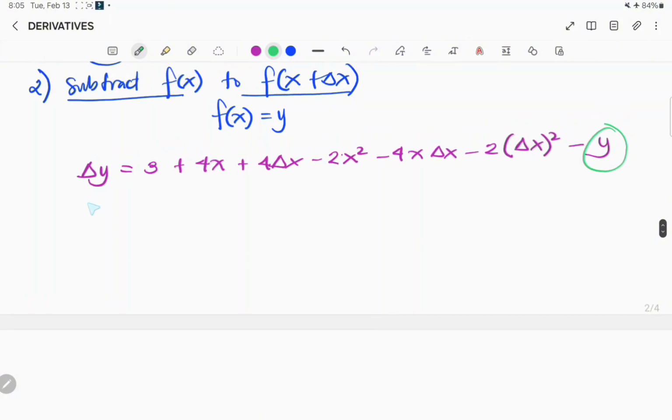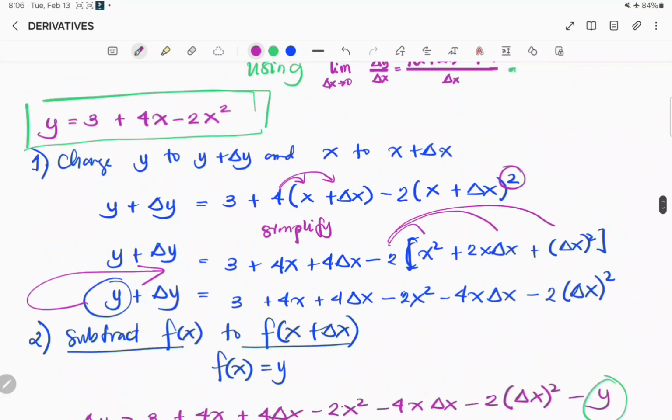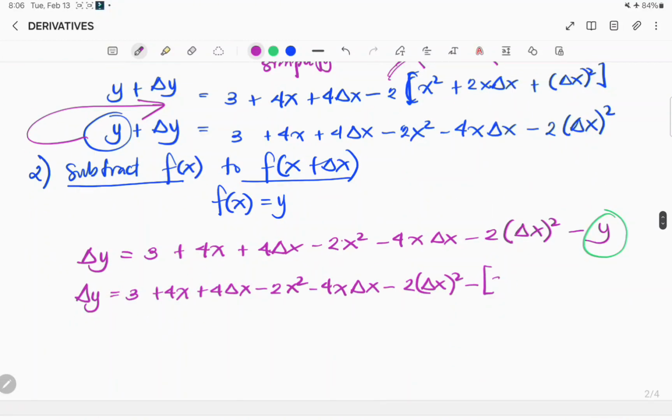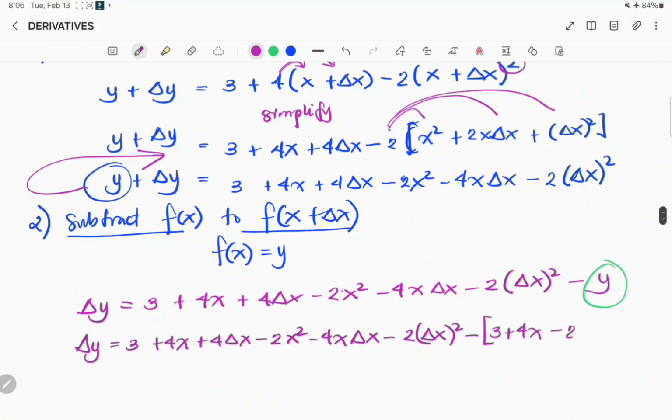It will become change of y equal to 3 plus 4x plus 4 change of x minus 2x squared minus 4x change of x minus 2 change of x squared minus the value of y, which is 3 plus 4x minus 2x squared.